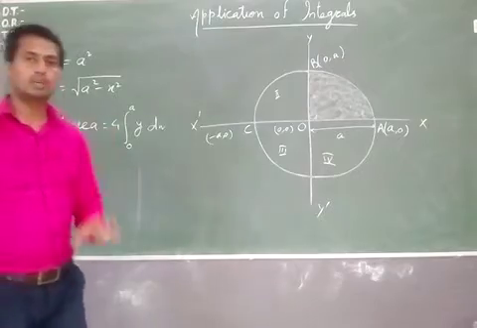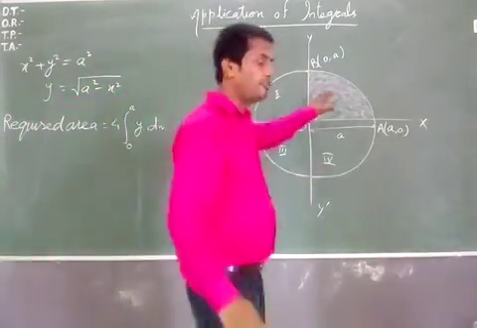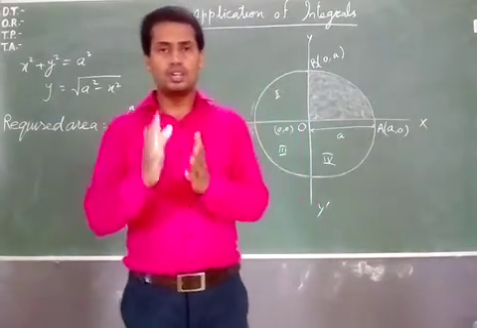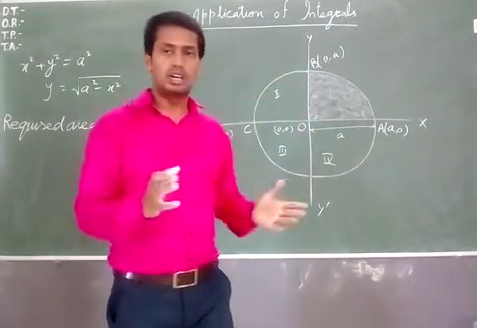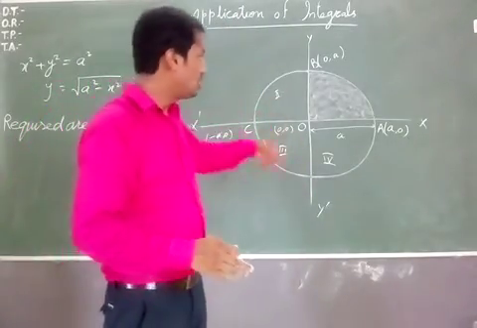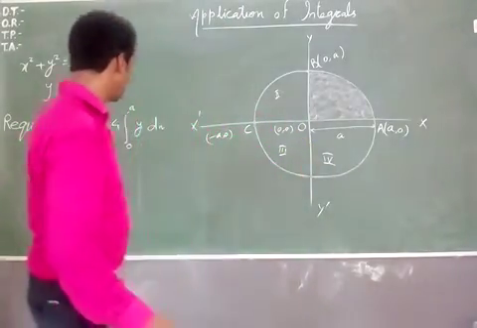Why have we multiplied by 4? Because we have 4 parts. If we find the area in the first quadrant and multiply by 4, then we can find the area of the enclosed circle.